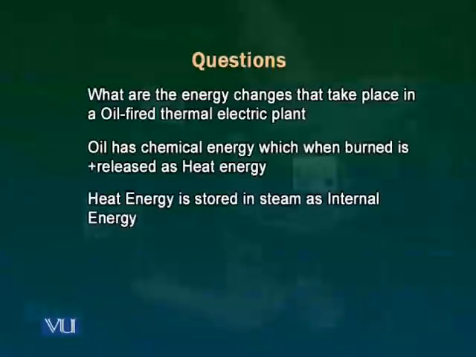We will discuss exactly what internal energy means as we go along, but for the time being, let us say the temperature of the water has been raised from one level to another level, so its heat energy has increased, it has become hotter. So in the first step, we had chemical energy being converted to heat energy. Then the heat energy is being converted to internal energy. The temperature of the water is being raised. It is being converted from water into steam.